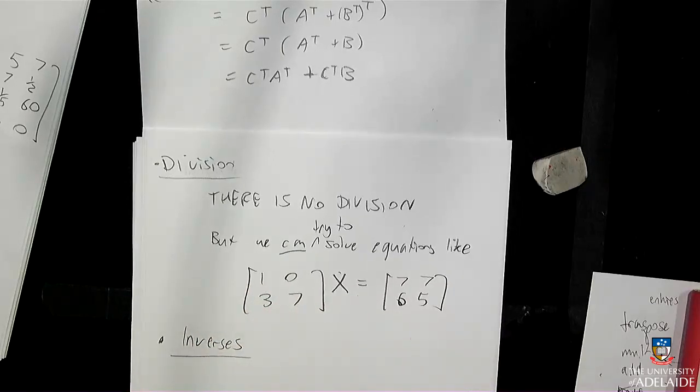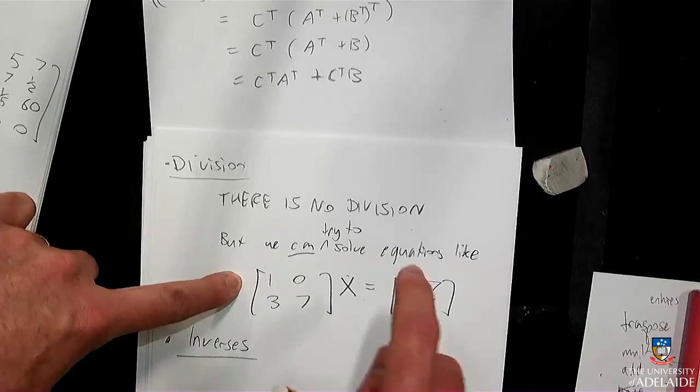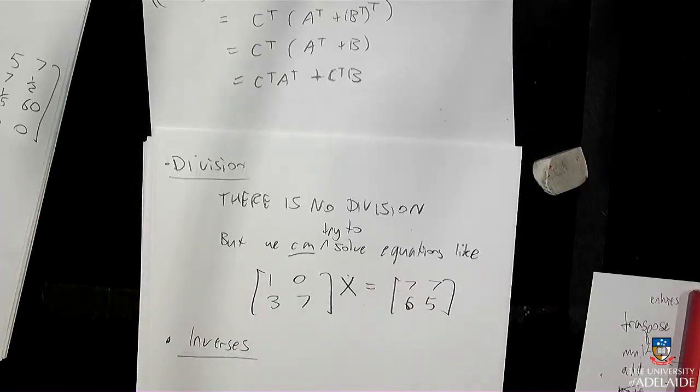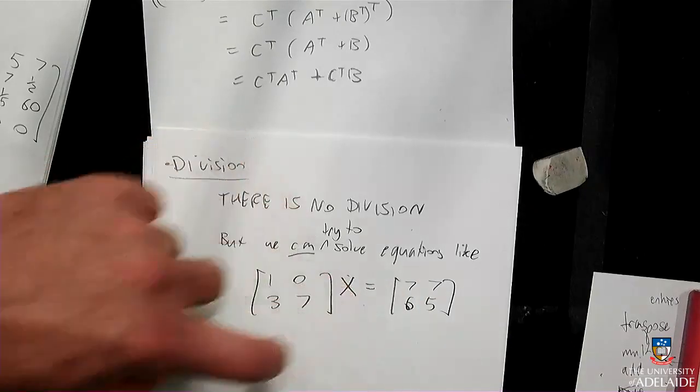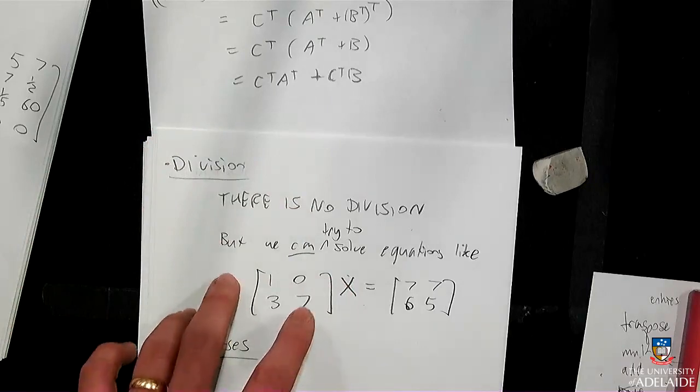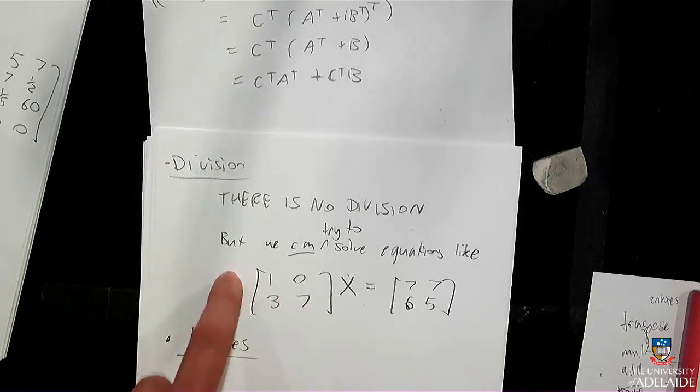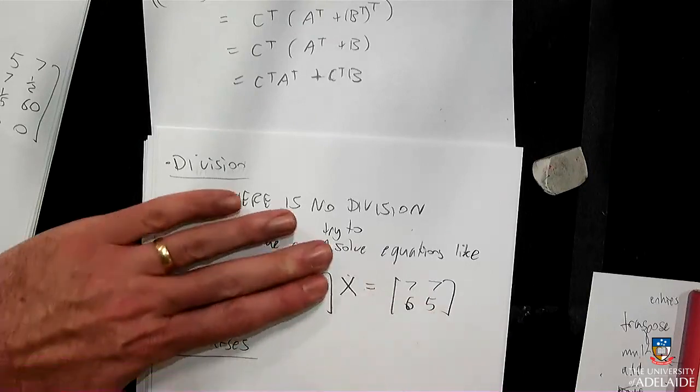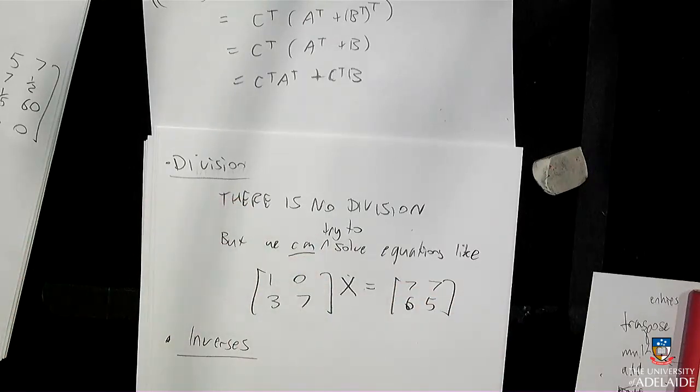Because there is no division, we can only do this with multiplication. We're going to think, what could we multiply here and here to make this matrix go away? It's not like you can really make a matrix go away, but if we could multiply something to make this into the identity, then the identity times x is just x, and then it really would go away.